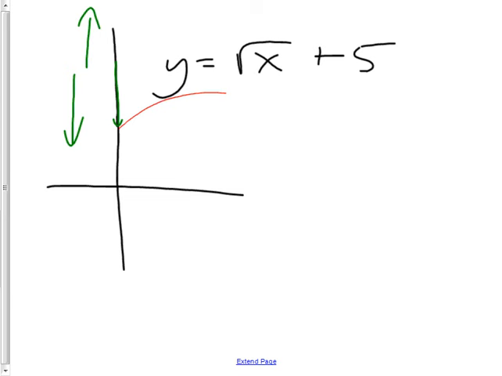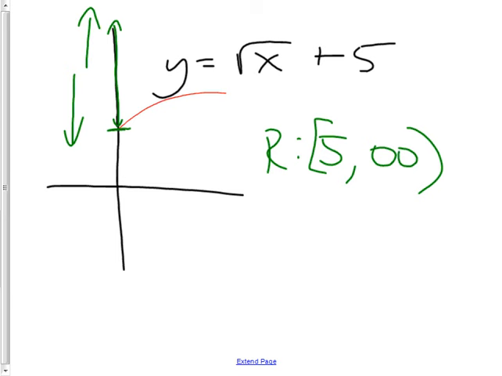Goes to there. How high does it go? Forever. So my range is from, how high was this anyway, right there? 5 to infinity. And then, does it touch the 5? Yes, so bracket. Range is from 5 to infinity.